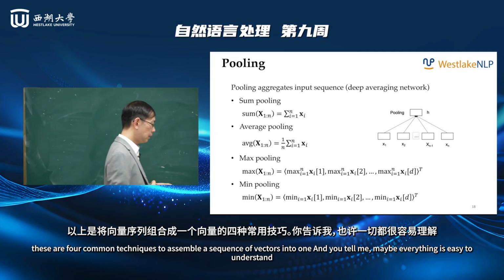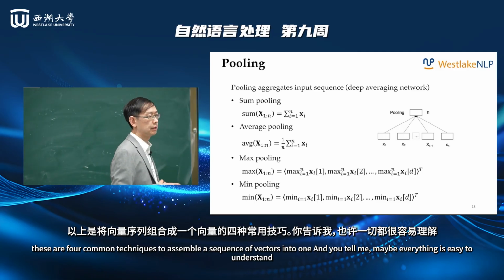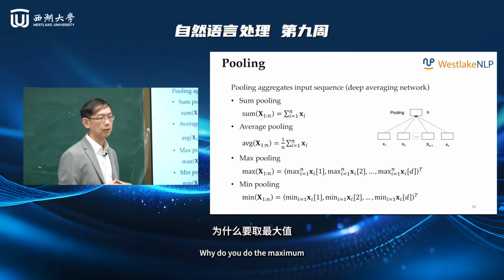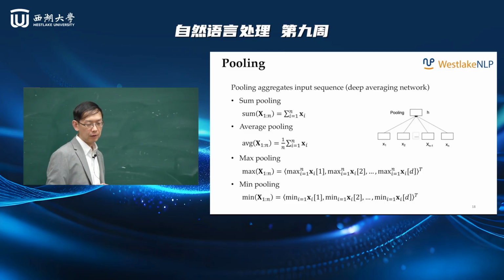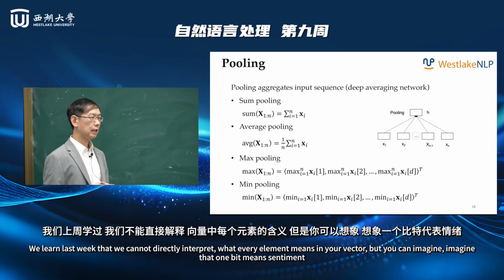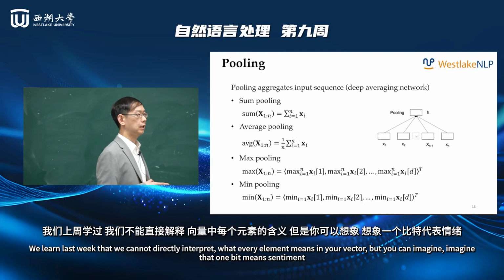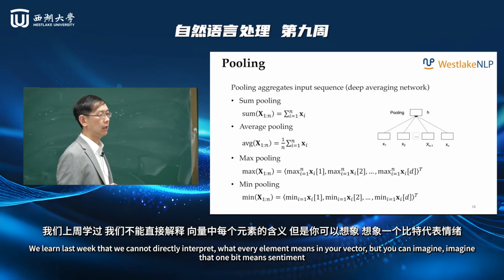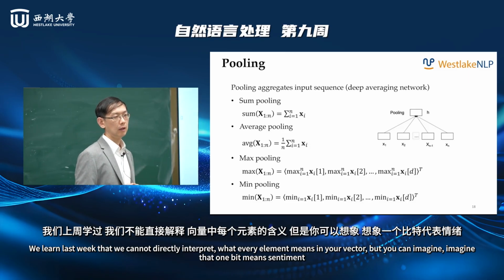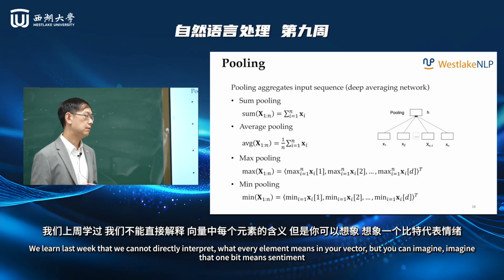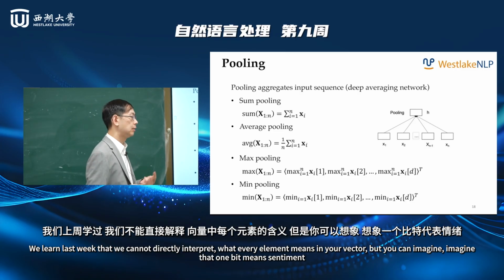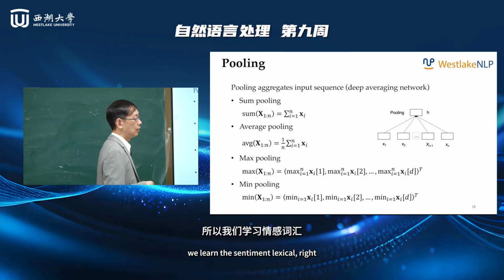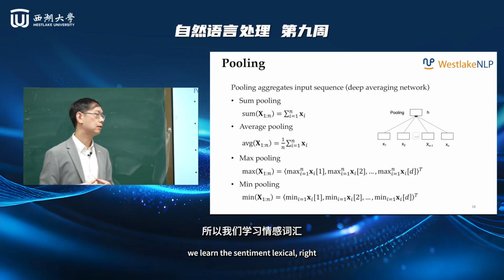So these are four common techniques to assemble a sequence of vectors into one. Maybe averaging is easy to understand. Why do you do the maximum? We learned last week that we cannot directly interpret what every element means in your vector. But imagine that one bit means sentiment, okay? We learned the sentiment lexicon, right?